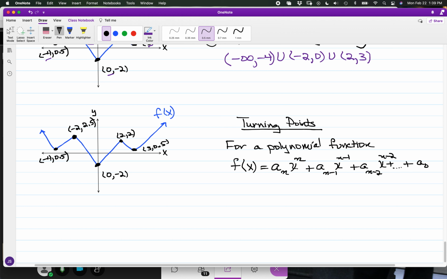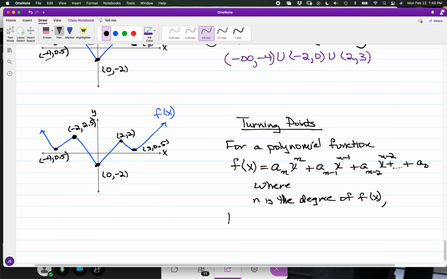The terms will be in descending degree order. So the degree of the function is going to be n.